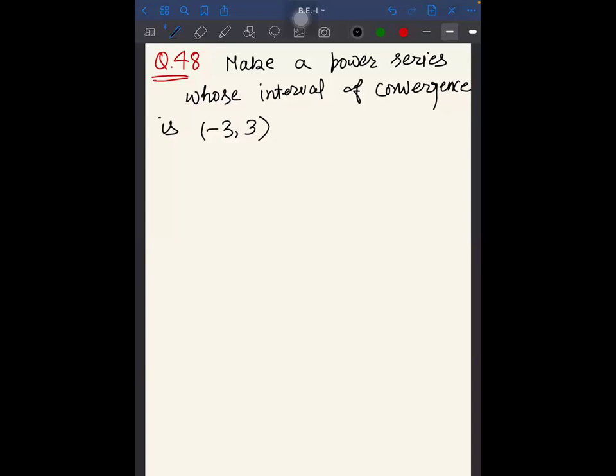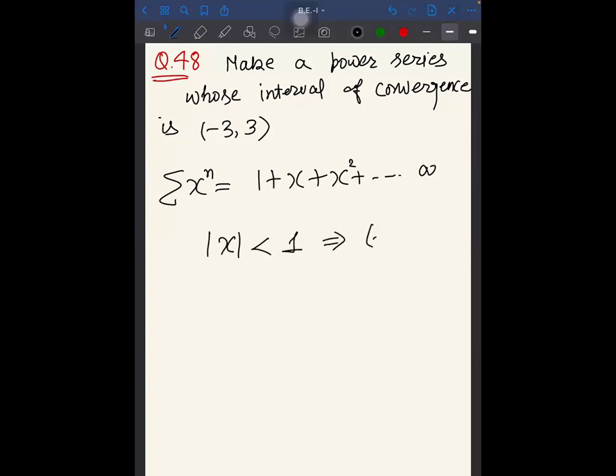Let's say you know about the geometric series. What is its radius of convergence? It is 1, or it's less than 1. And its interval of convergence is -1 to 1. Right, so you want to make it 3.